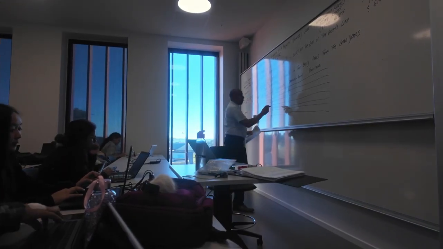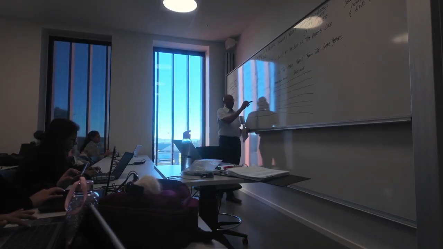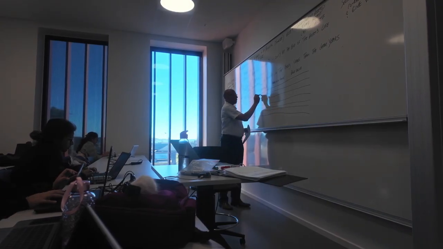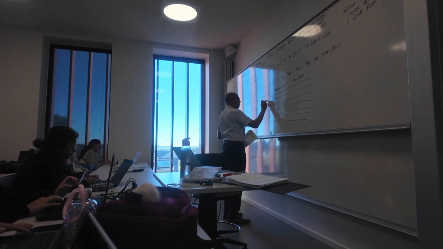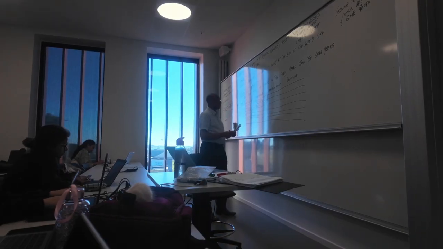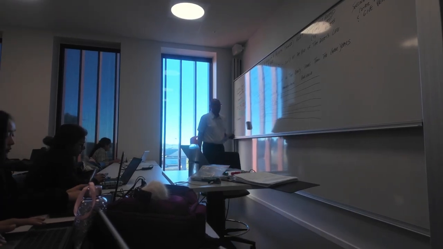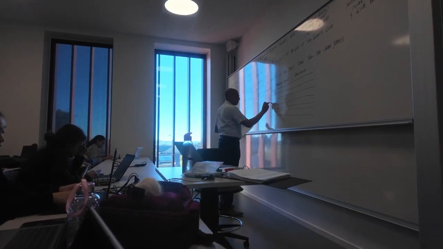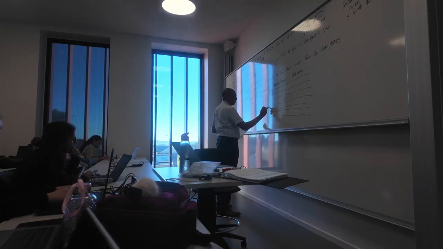And then for the depreciation amount, 6 divided by 21 is what percent? 6 divided by 21 equals 0.29, 29%. 5 divided by 21 is 24%. 4 divided by 21 is 19%. 3 divided by 21 is 14%. 2 divided by 21 is 10%.